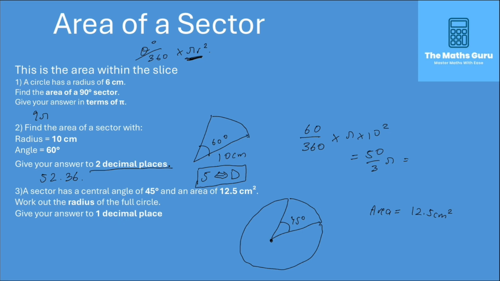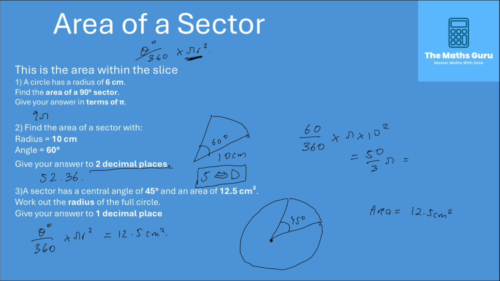To work this out, we have an expression of an area through the formula where theta degrees over 360 times pi r squared is equal to the area of the sector. And we know that for some value of r and some value of theta, our answer is going to equal 12.5 centimeters squared.